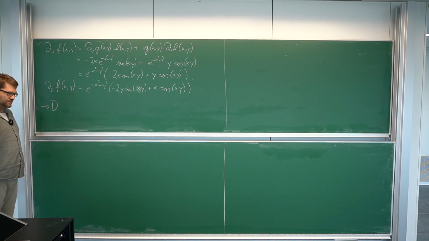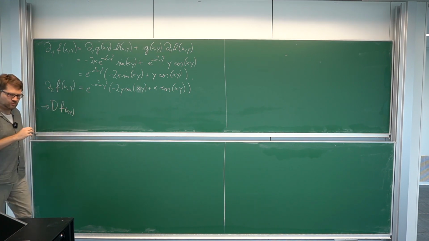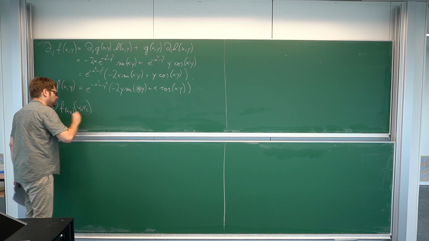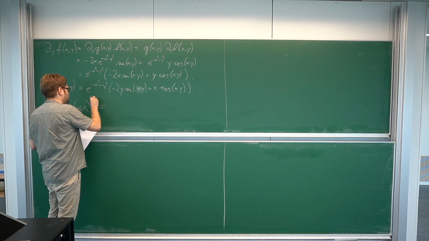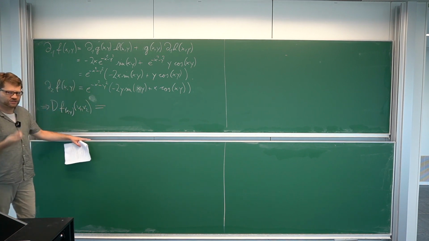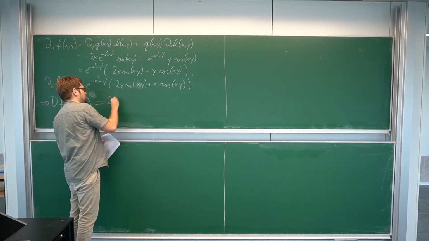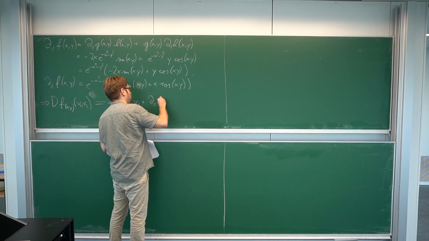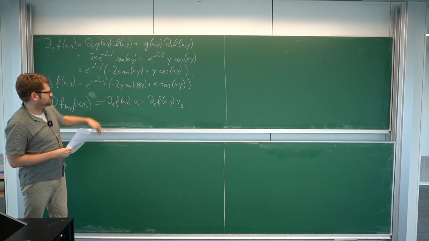This is also something you just have to imprint in your brain. df in the point (x,y) is a linear map from R2 to R, so if we insert an element of R2, a vector which we call by components v1, v2, then by a previous corollary, where we saw that for a differentiable map we can always compute the differential by the partial derivatives, this is d1f(x,y) times v1 plus d2f(x,y) times v2. So all that's left to do is just to put these into the formula.